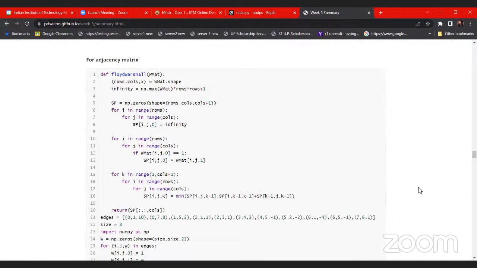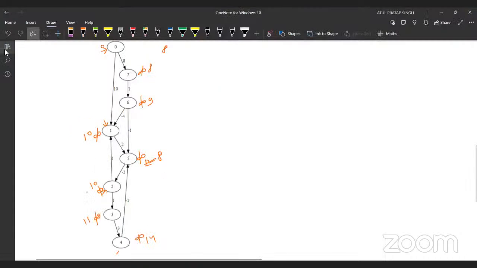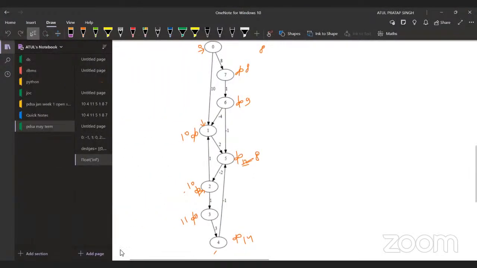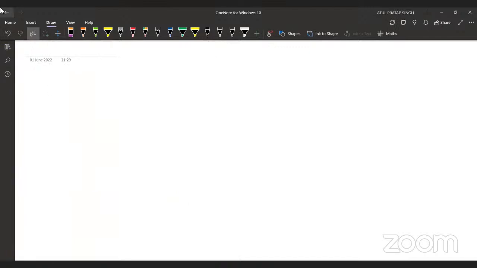Now this is the code, but we will check the concept. What is the concept? Because the calculation is too much in this Floyd-Warshall algorithm, we will take a smaller graph. For example, a graph with vertices 0, 1, 2, 3.